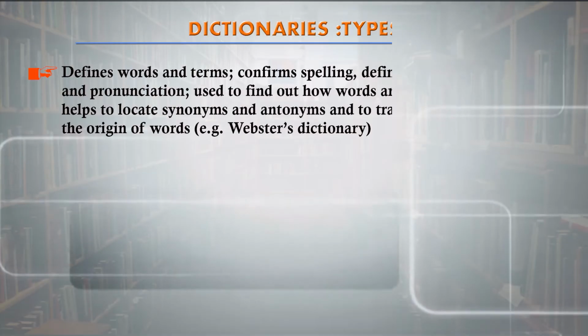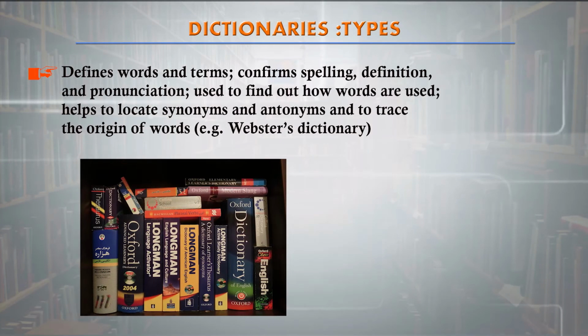Now, coming to the different types of reference sources. As we have discussed in earlier sessions also, there are many types of reference sources available, but dictionaries are the most important of them. So, first we will discuss the dictionaries.